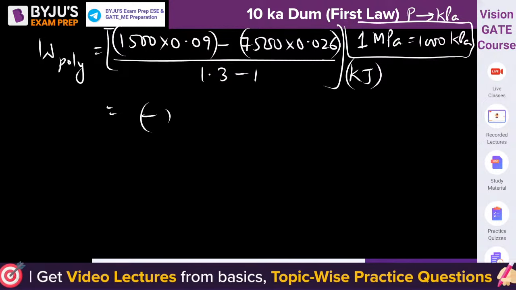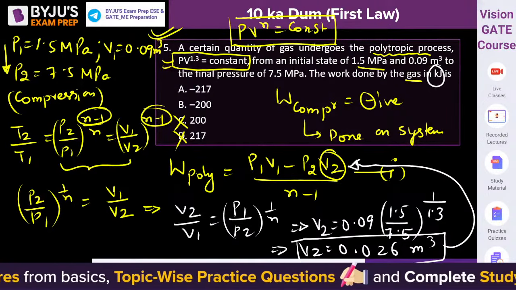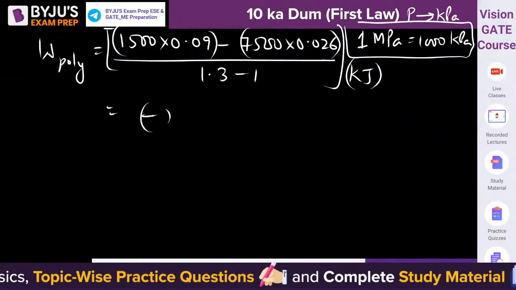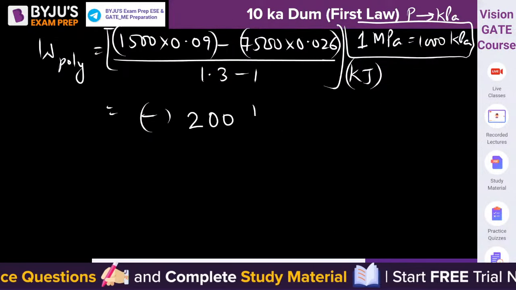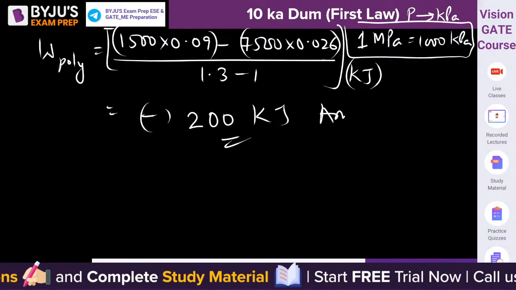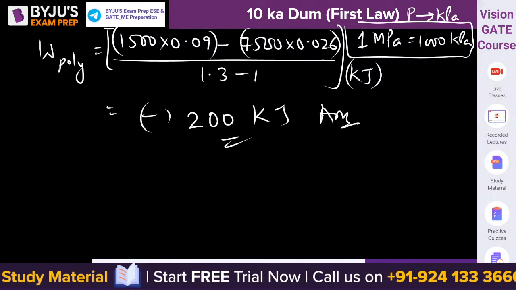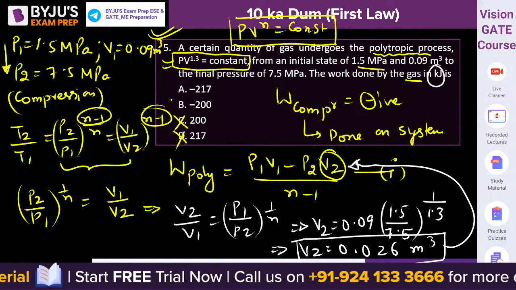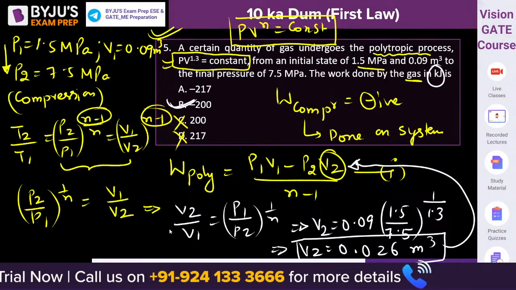So 202.39 something. Are you getting exactly 200? It is very much close to 200 kilojoule. So the correct answer is option B. I hope you understood this.